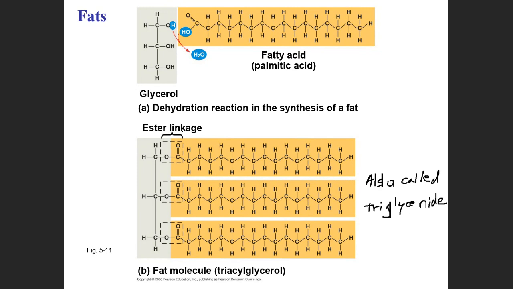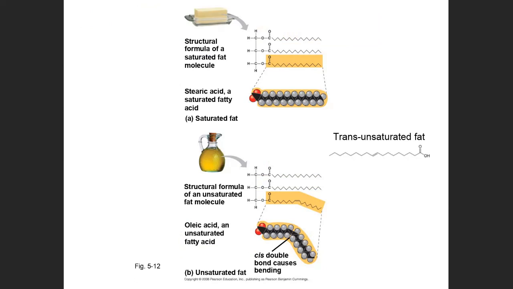Notice the long hydrocarbon chains in the fatty acids. So these are hydrophobic, right? They don't like water. You probably have all heard of saturated and unsaturated fatty acids or fats. The saturated fats are the ones that are bad for you, that cause heart disease. And then the unsaturated fatty acids are the ones that are good for you, the good fats.